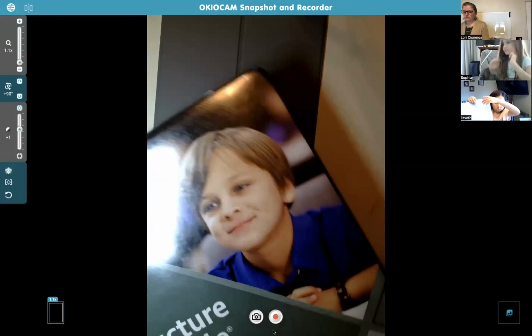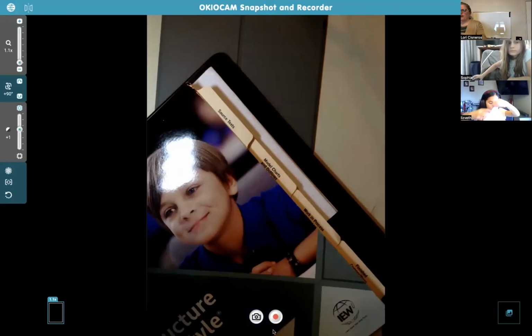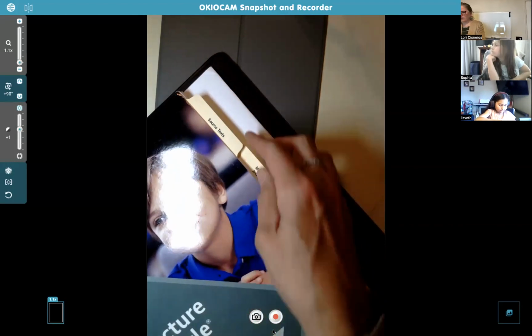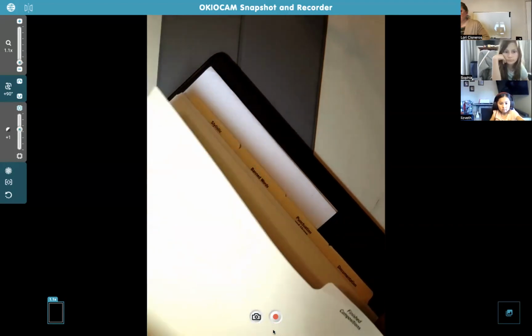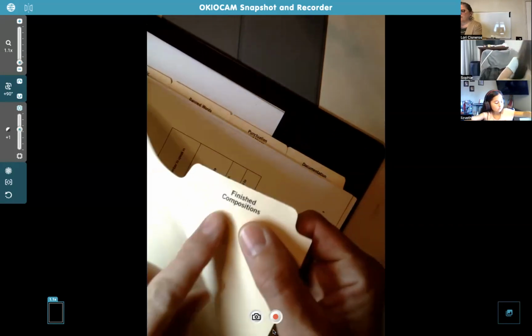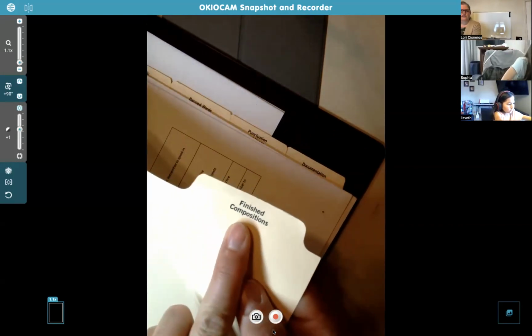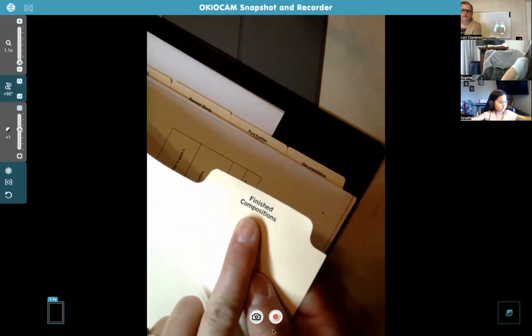So in your binder, I want you to get out your binder and you can put away your fox and the stork story. And that's going to go behind. I'll show you where to put it. If I open this up, do you see the tab that says finished compositions? These are the things you've already finished.